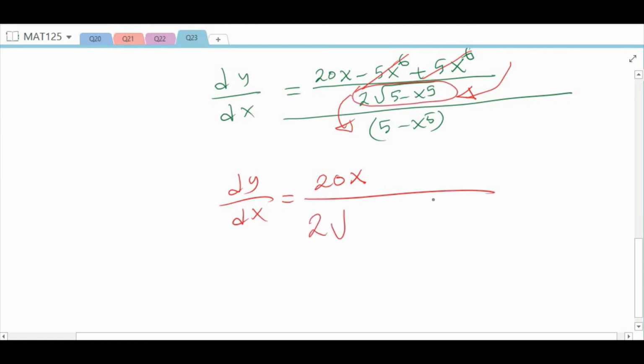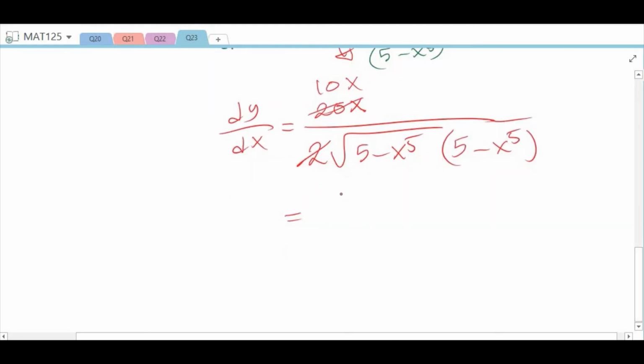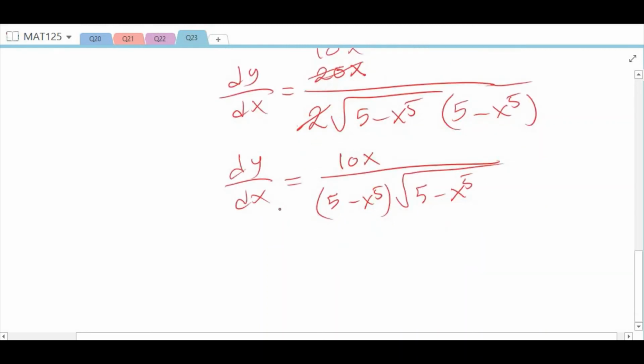So I'm going to have 2 square root of 5 minus x to the fifth times the denominator from the previous operation, 5 minus x to the fifth. And then I can cancel the 2 with the 20, so I will have 10x here. So the final answer is the reduced form: 10x over 5 minus x to the fifth, times the square root of 5 minus x to the fifth. I'm going to bring this to the front so it looks nicer, and that will be the final answer.